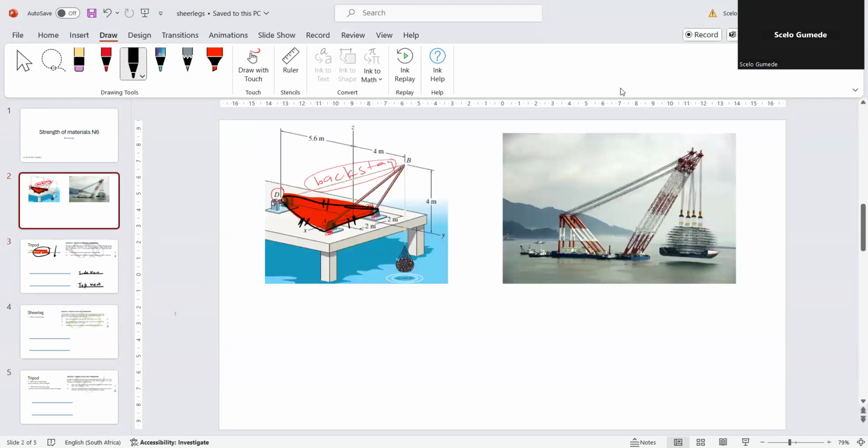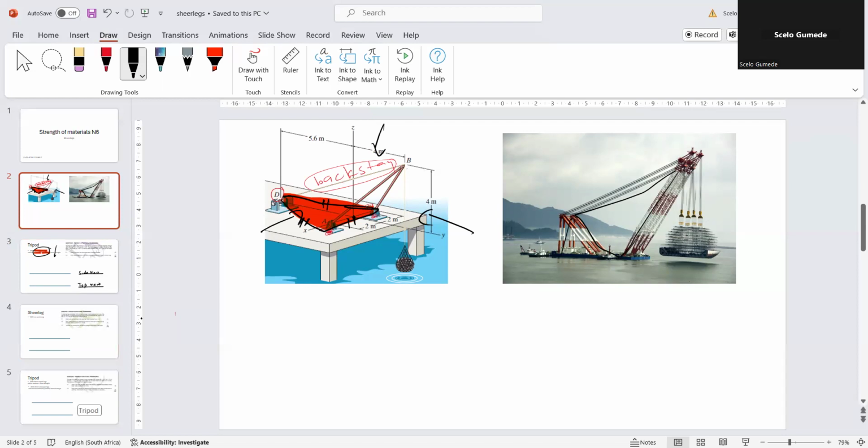For example, here, you can see this is a side view. And then also here, we've got a side view, more like a front view if you're looking at it like this. But what are you going to see if you look from the top? That is what we are talking about when we talk of the top view and the side view, right?